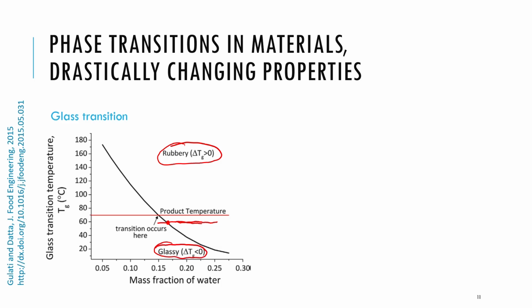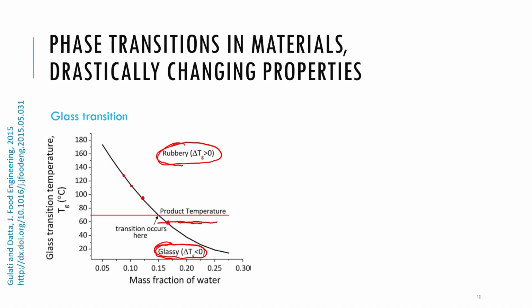And this transition, the temperature at which the transition occurs, of course depends on the product temperature. So at higher product temperatures, it's going to need much more drying to get to this glassy state. Why are we talking about this? Because in the rubbery state, the material is soft, whereas in the glassy state, the material is hard.